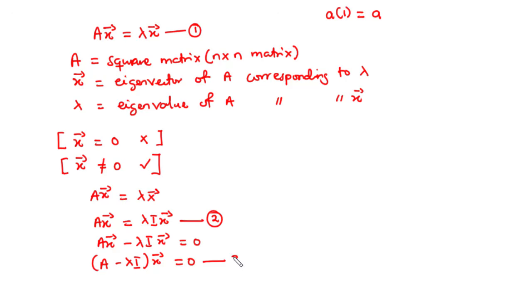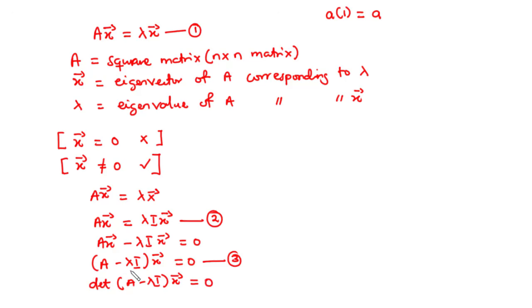Let's call this equation 3. Now this system will have a non-trivial solution if and only if the determinant of A minus lambda I is equal to 0.